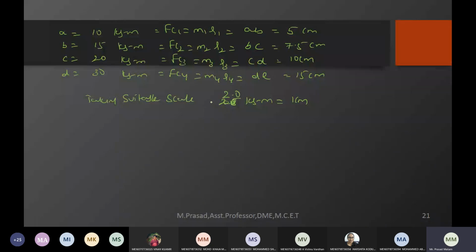Now we will see how to draw this. We know the angle made by this vector AB, or Fc1. Fc1 makes an angle of theta 1, centrifugal force Fc2 makes an angle of theta 2, Fc3, the third centrifugal force, makes an angle theta 3, and Fc4, the fourth centrifugal force, makes an angle of theta 4. Let me go to the previous slide.